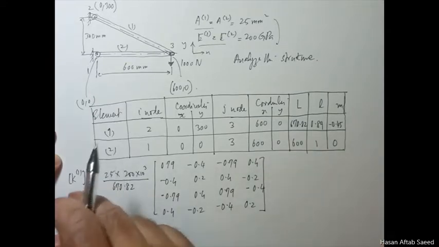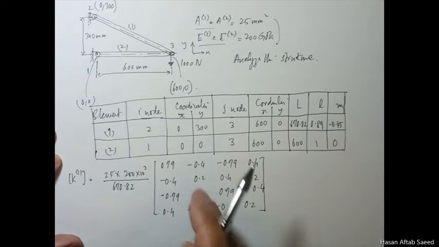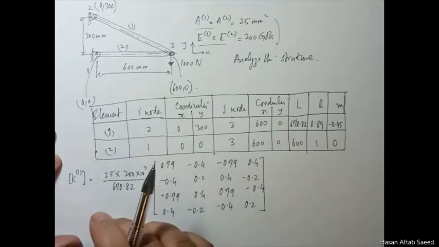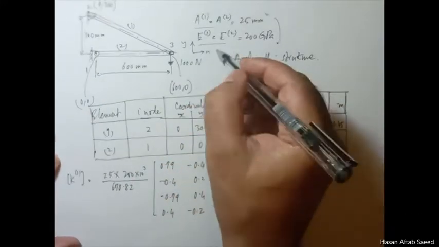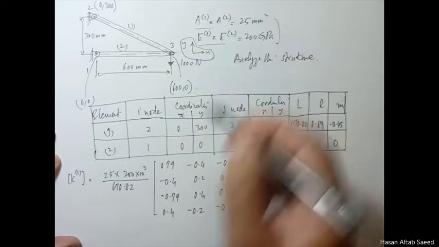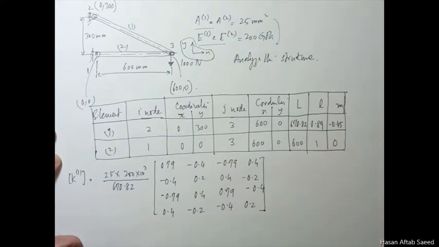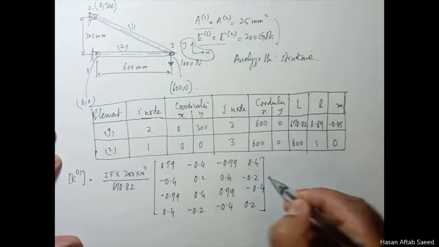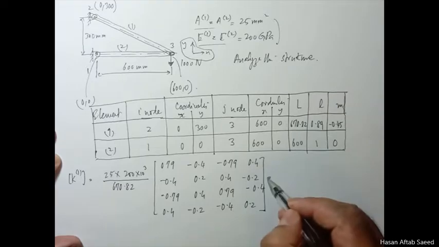This is the K1, and this will be in global coordinates. You must realize this. Otherwise, it would have been AE over L1 times the matrix 1 minus 1, minus 1 1. This you have converted into this system. Now this turns out to be, and I think we can write it.